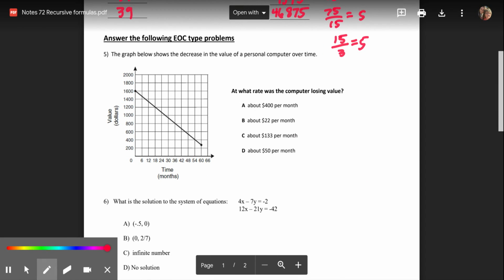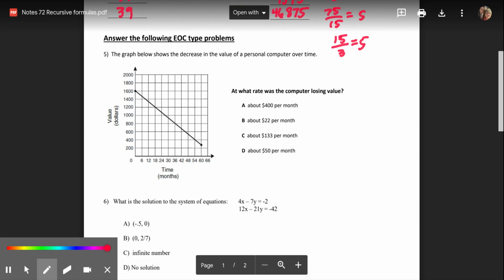So on number 5, these are EOC practice problems. The graph below shows the decrease in the value of a personal computer over time. At what rate was the computer losing value?